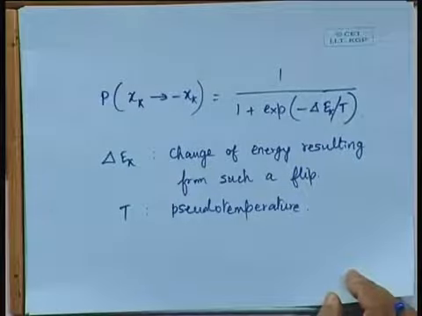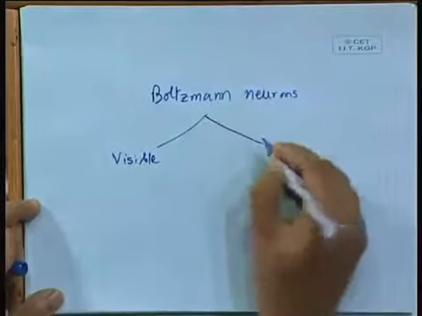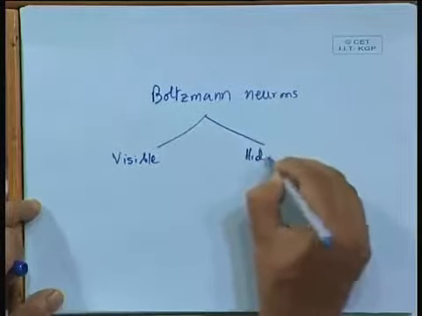But one thing that one can tell about the Boltzmann network is that we have already classified the Boltzmann neurons into two classes: visible, the ones that are available to the outside, and hidden.